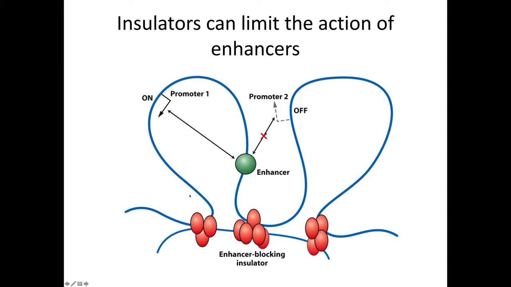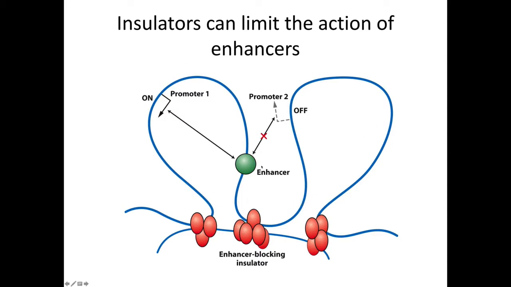Well, there are these loops that can form. The way that these enhancer-blocking insulators are thought to work is by forming these sort of separate domains. And you can see this using that Hi-C approach that we discussed in one of the previous lectures.